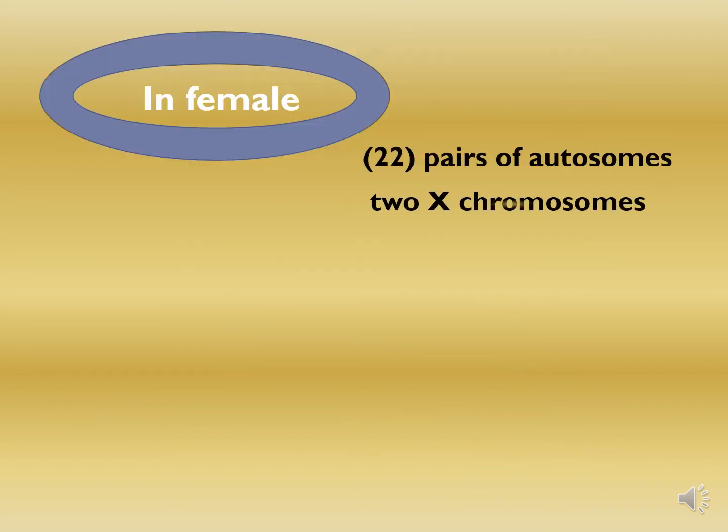In female, 22 pairs of autosomes and 2 X chromosomes. إذن في الفيميل هناك 22 زوج من الكروموسومات اللي تكون أوتوسوم جسمية، وزوج يكون sex chromosome XX.